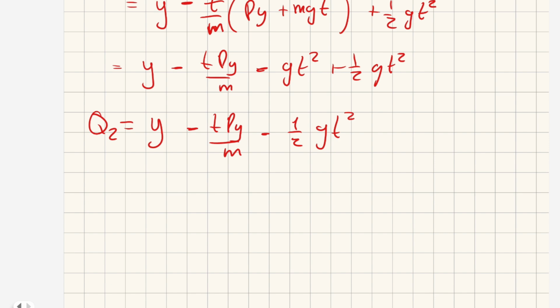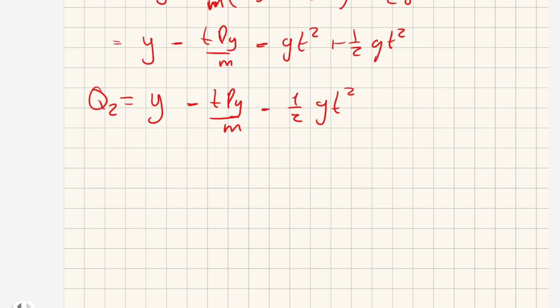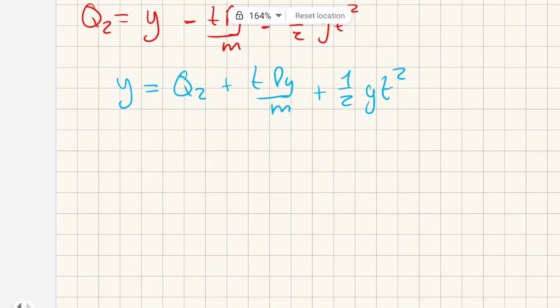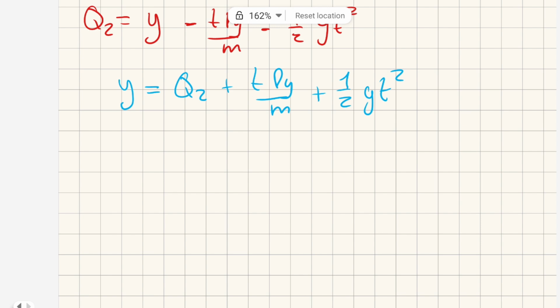Okay, and you can see easily from this equation that we can solve for y to get the motion in the y direction, that is going to be q2 plus t py divided by m plus 1 divided by 2 gt squared. And you should know from basic physics that this is very similar to the equation of motion of a particle in free fall, right?